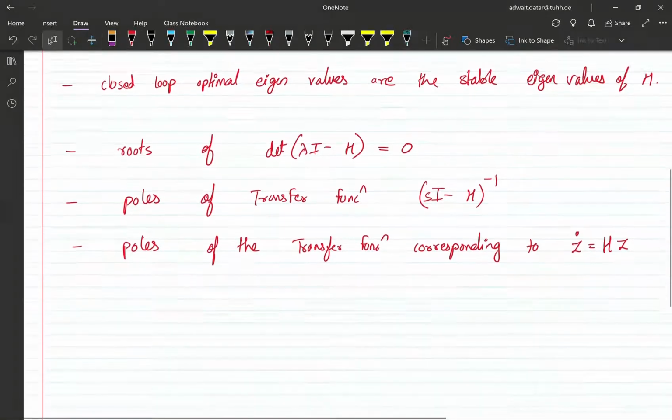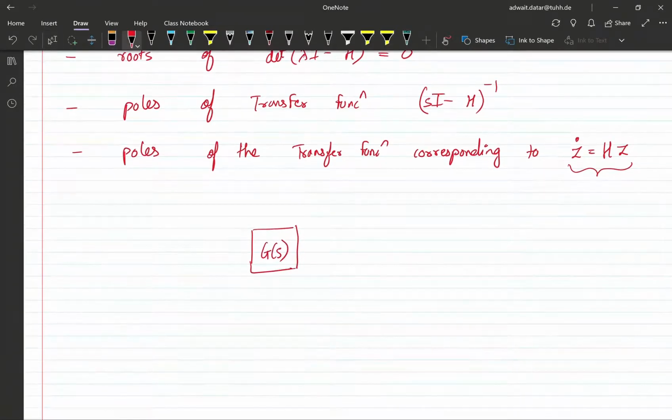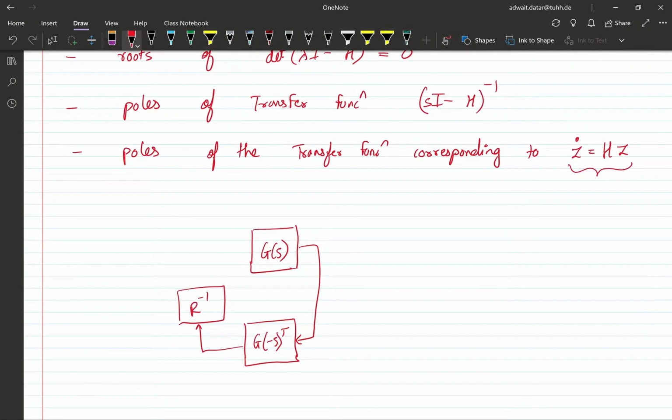Now we saw in problem 5.1 that this system can be represented as shown in this block diagram.